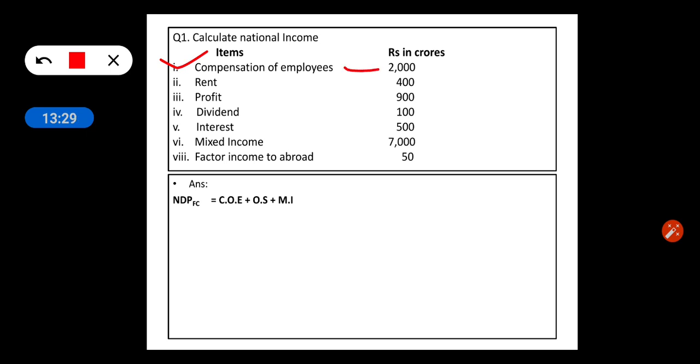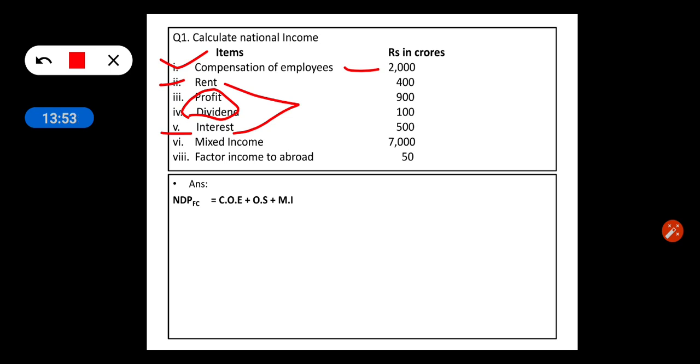OS, now let's find the items in the OS. We have rent and interest. These are your income from property and it's OS. And we have profit and dividend. The value of profit is given and also the value of dividend.